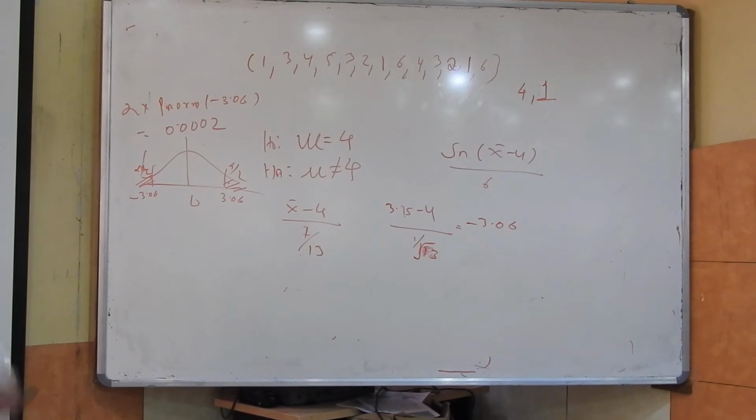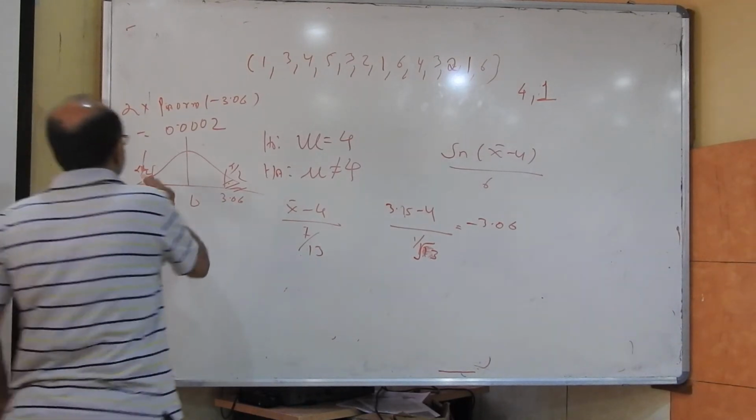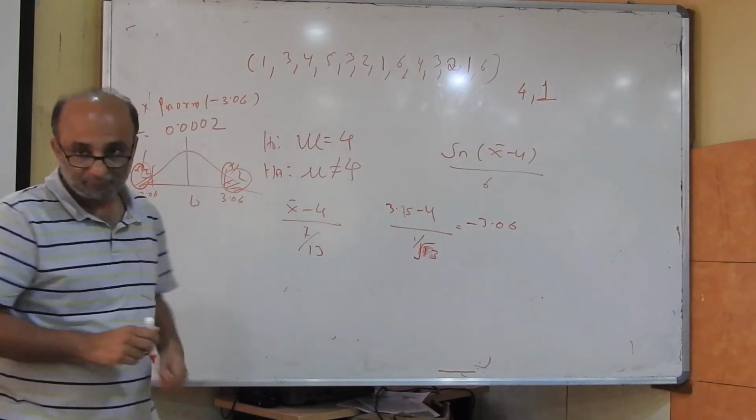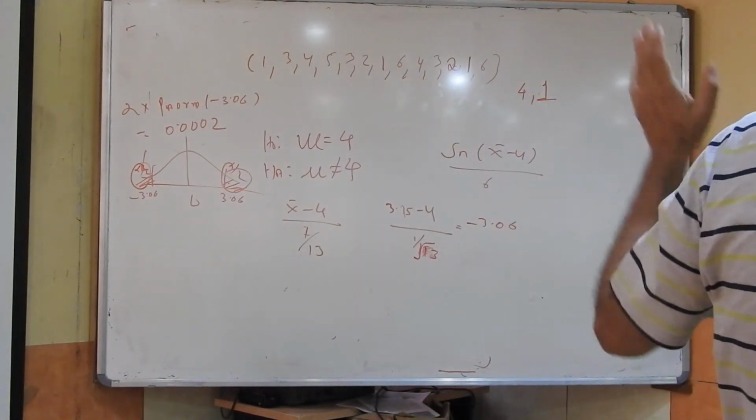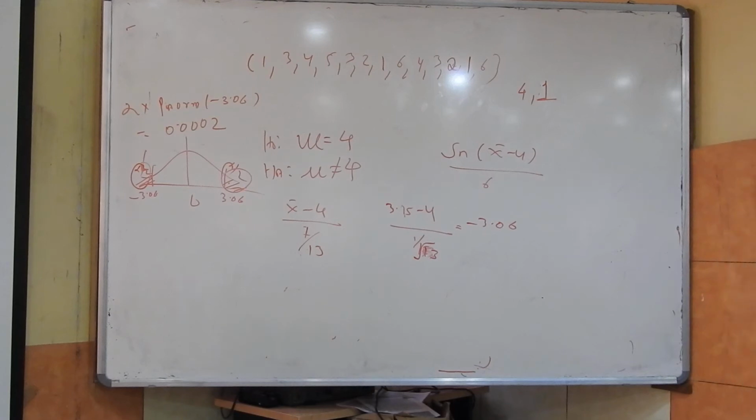Now, there are 2 cases. I have looked at this side and this side. Why? Because I am surprised if x bar is too low relative to mu, or if x bar is too high relative to mu. You see, mu is what I believe. X bar is what I see. X bar minus mu is the gap between what I see and what I believe.